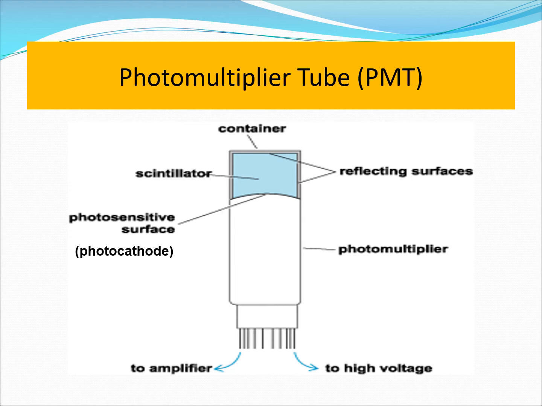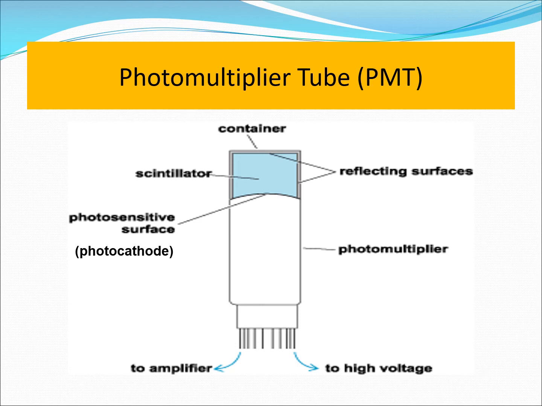Scintillation photons are detected by the photomultiplier tube and are converted into electrons by the photosensitive surface known as the photocathode. High energy photons from radiation interact with the scintillator.